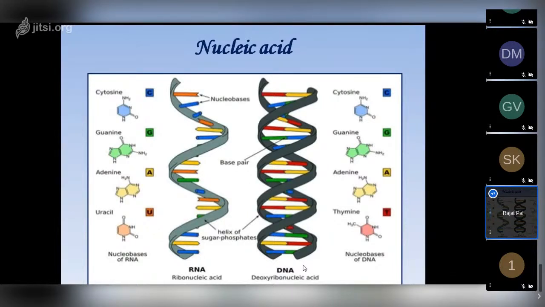In RNA, as it is a single stranded structure, there is no scope of hydrogen bonding between the nitrogenous bases, as there is only a single helix.